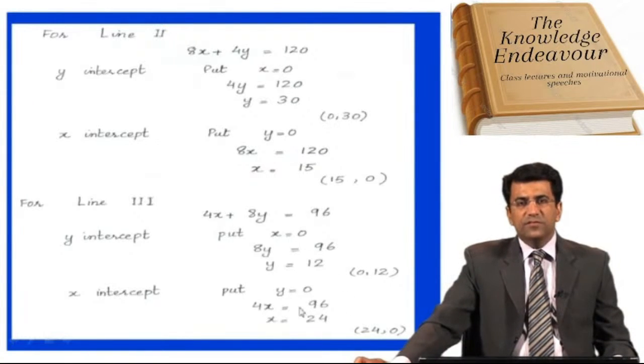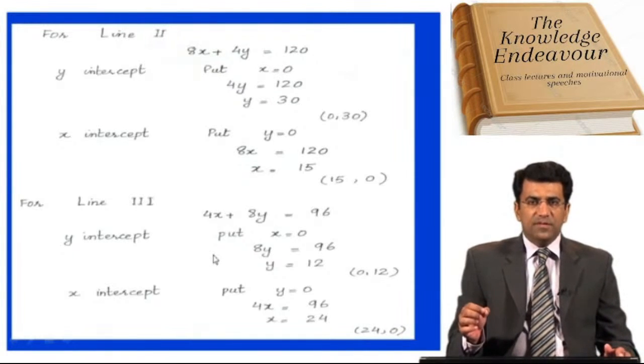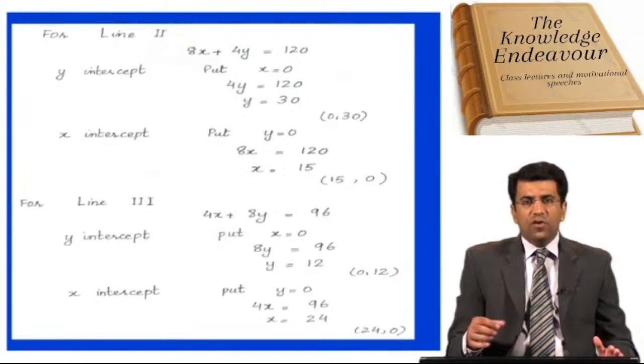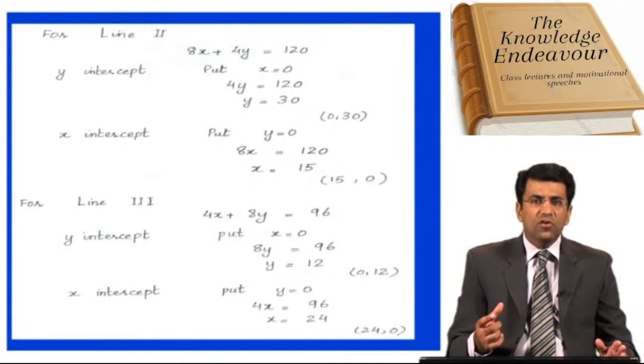For the third equation, the 2 points are 0, 12 and 24, 0. So by putting the decision variables x and y equal to 0 one by one for all 3 equations, we get 2 different points for each equation. Now that we have these points, we can put them on the graph in order to draw the lines.